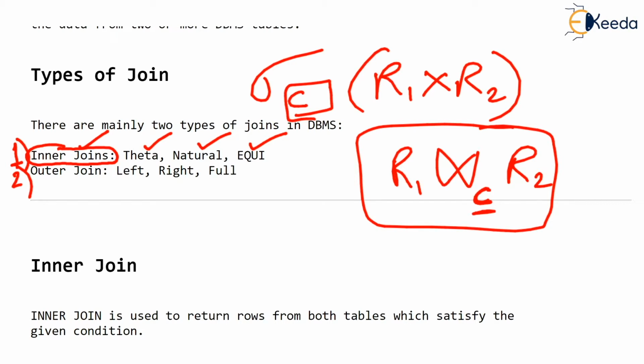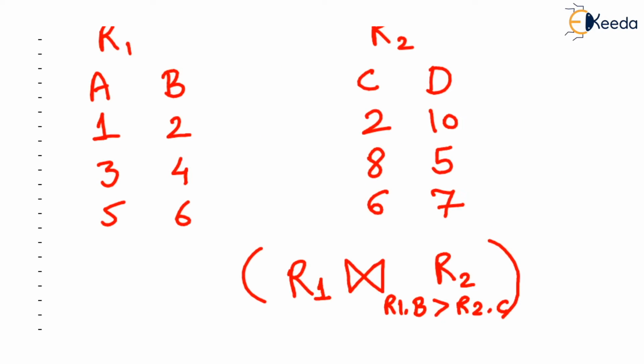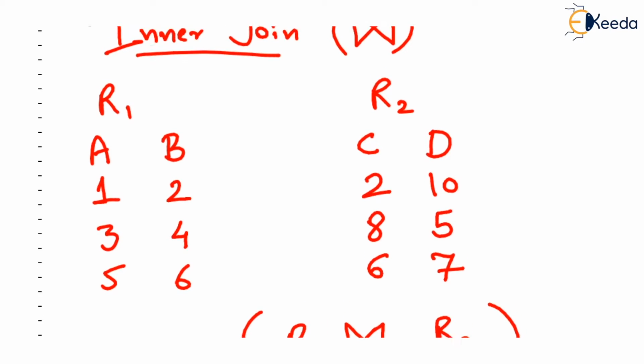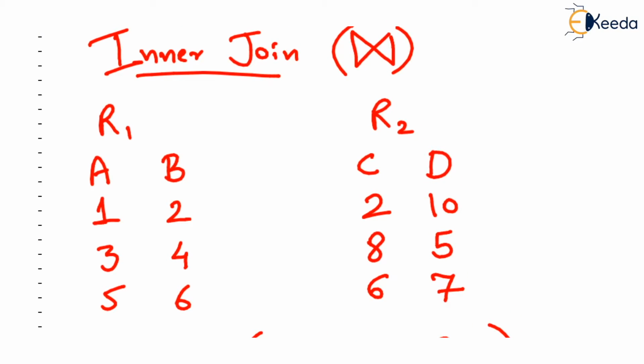But let's try to understand why it is known as inner join, so that in later videos we will understand what outer join means. I'm sorry, you already know what inner join is, but we repeat the same exercise to understand what the word inner means.